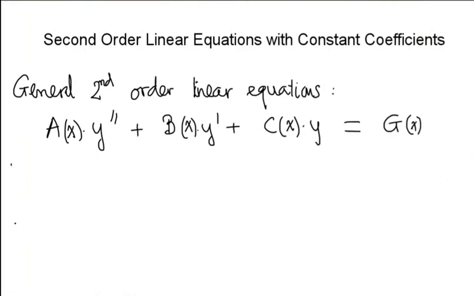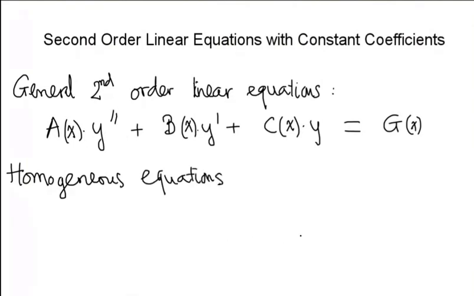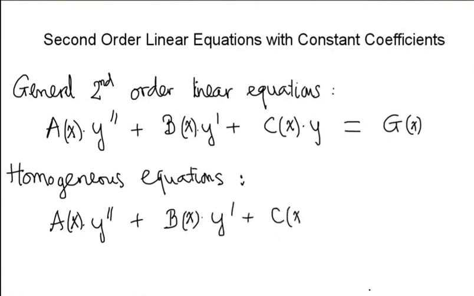And we have a homogeneous equation when the right hand side g(x) here is 0. So we have a(x) y double prime plus b(x) y prime plus c(x) y equals 0.